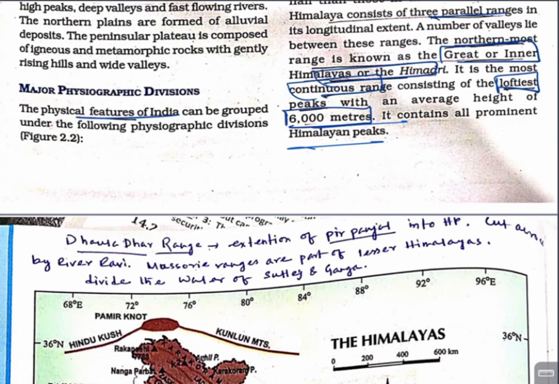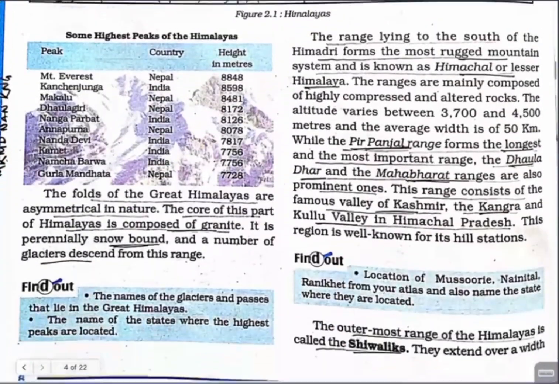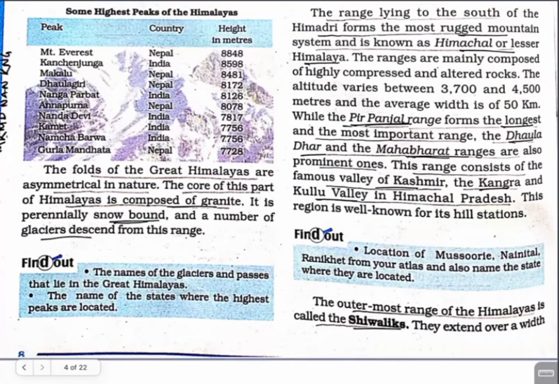The folds of the Greater Himalaya are asymmetric in nature. Asymmetric means not symmetrical. The core of this part consists of granite. There are also very different types of glaciers.